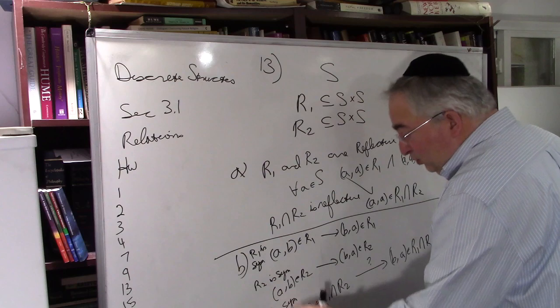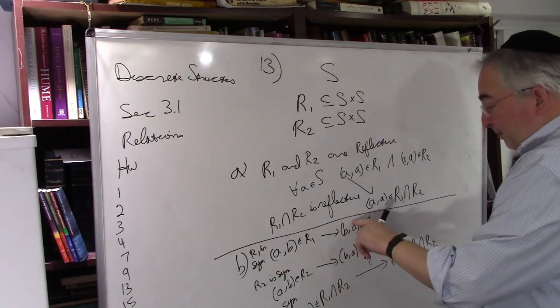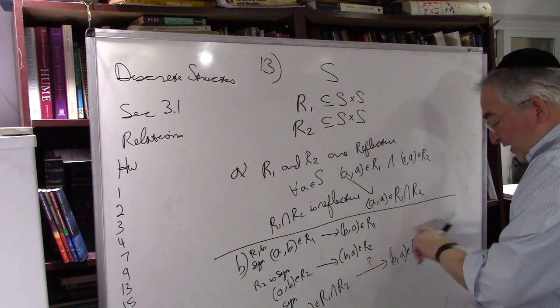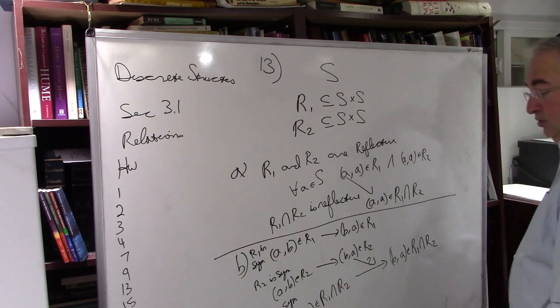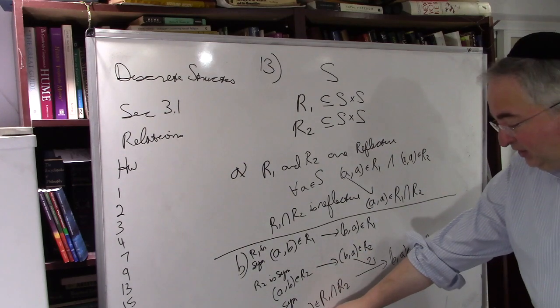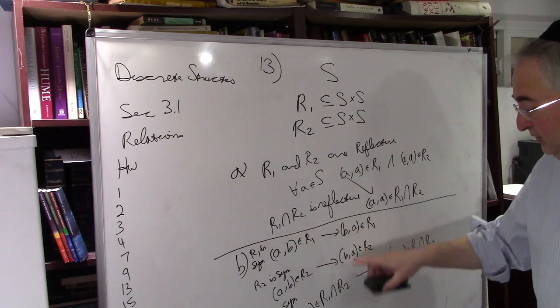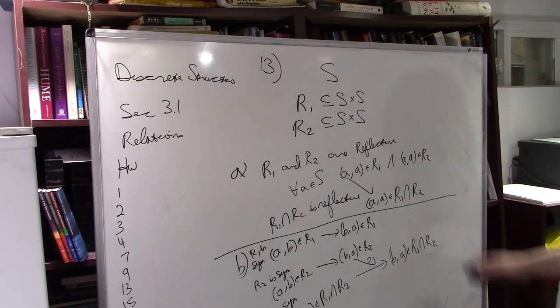And if it's in R2, so is B comma A in R2. So this implies that B comma A is in R1 and B comma A is in R2, and that's exactly what this says. So yes, it is true. Each one is symmetric, therefore they're in both. Okay, let's do C.